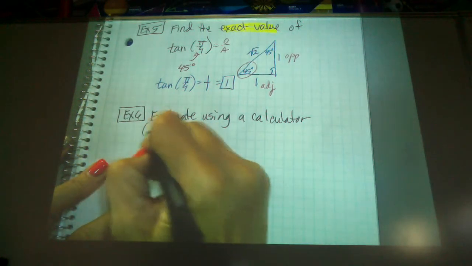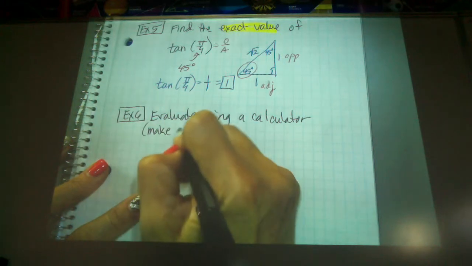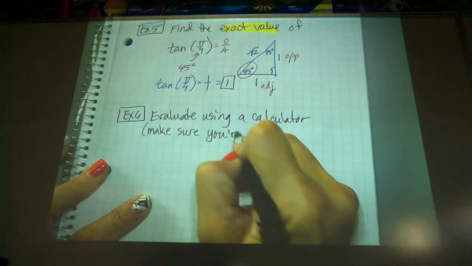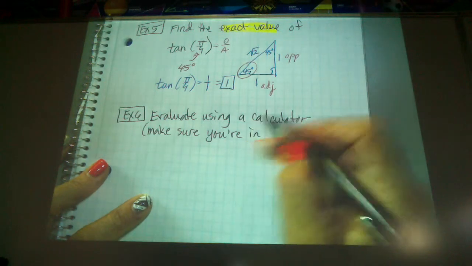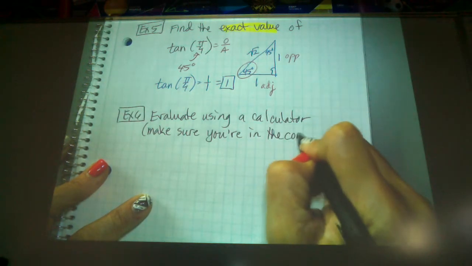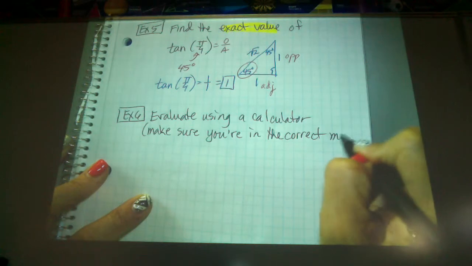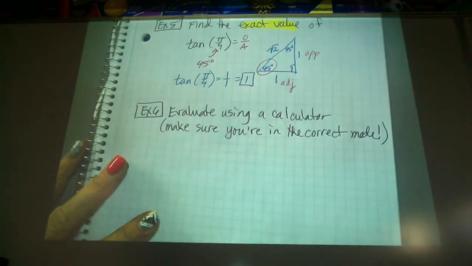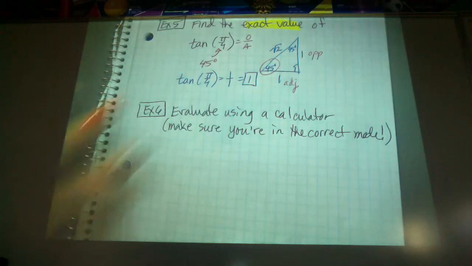And then in parentheses, I want you to put make sure you're in the correct mode. That's mode. Looks like mole, but it's mode.